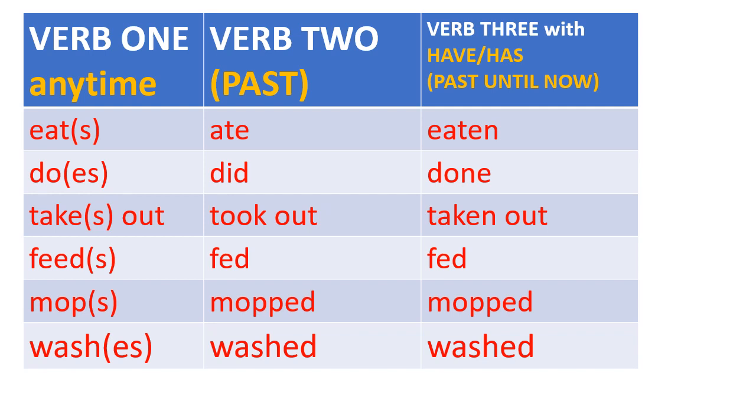So notice for this one, verb 2 and verb 3 are the same. We have mop, mops, mopped, and mopped. So verb 2 and verb 3 are the same. We have wash. We have washes, if you're talking about he, she, or it. Washed, verb 2, and washed goes with have or has as verb 3.